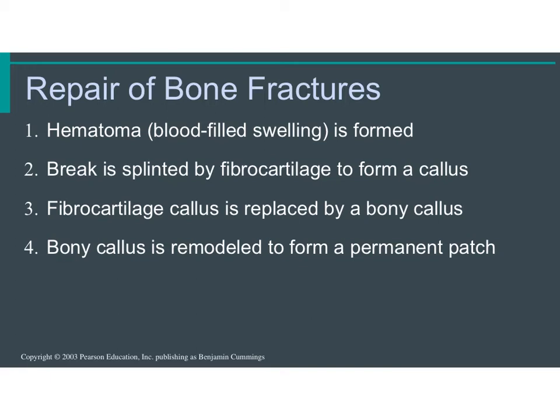And then the bony callus is sort of like a patch. It's not very refined. So then remodeling occurs to form a permanent patch and to make the bone the right shape and all of that to make it nice.